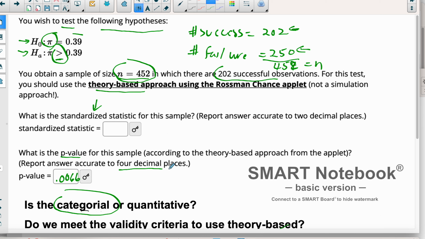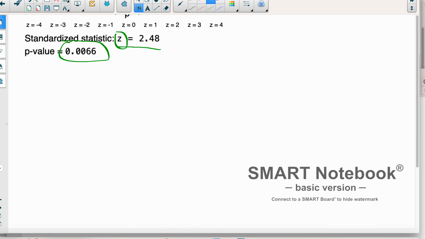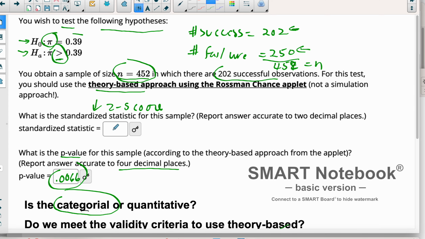It wants it to 4 decimal places, so I want to include all of those. And my standardized statistic, that's the same thing as saying my z-score, okay? My z-score is 2.48. That's it.